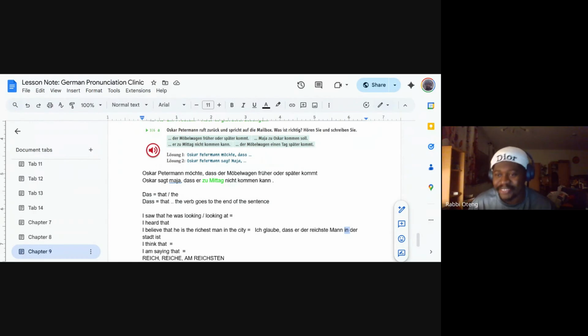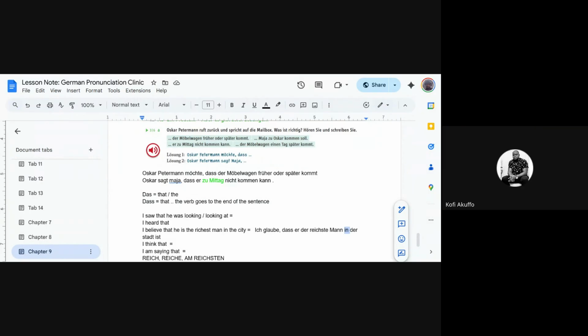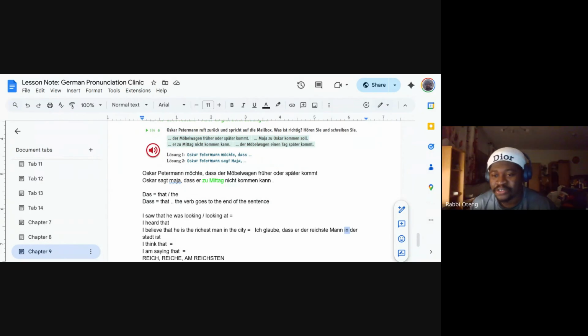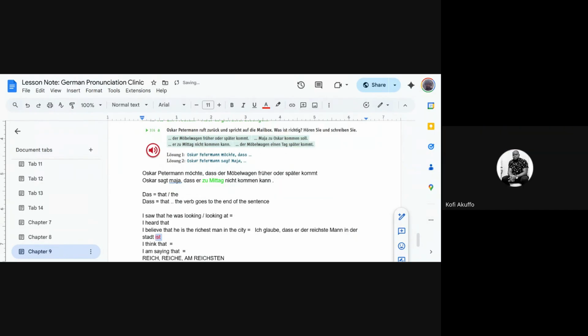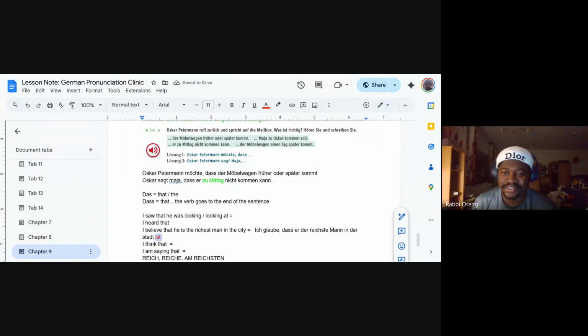So like in the same way as "of the city". Normally Germans would just ignore the "in", but then yeah, baby steps. So, do you get it?